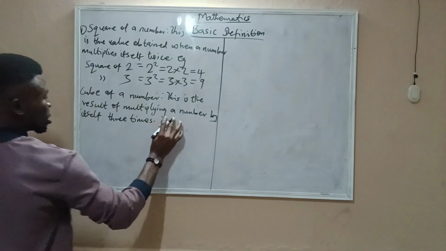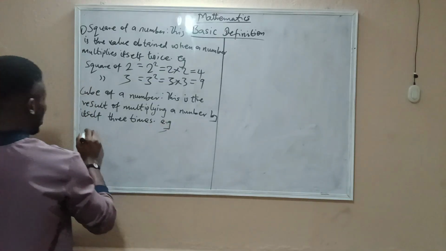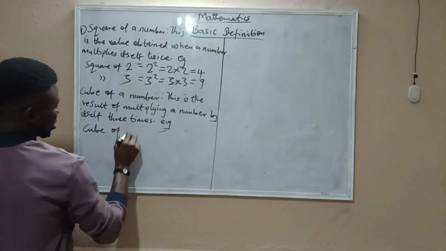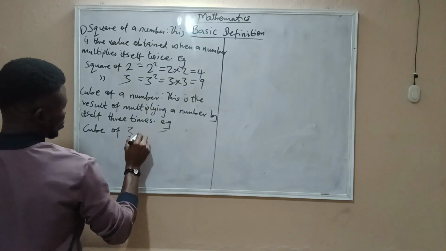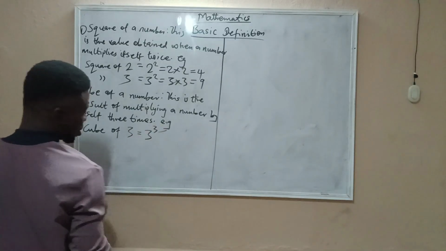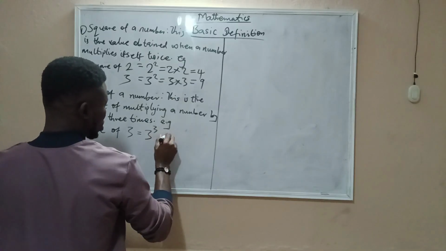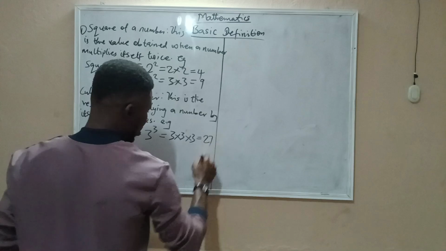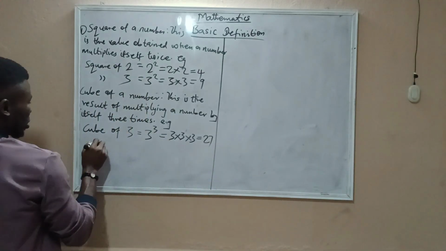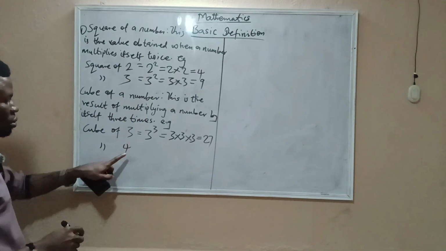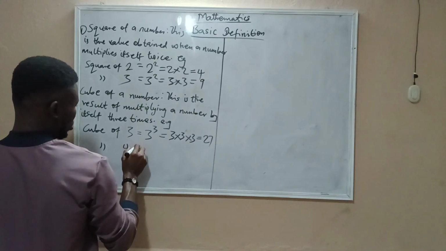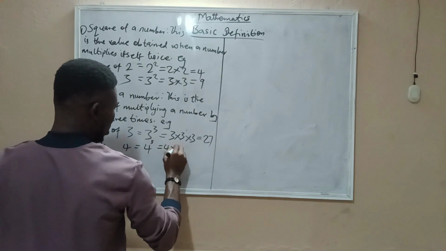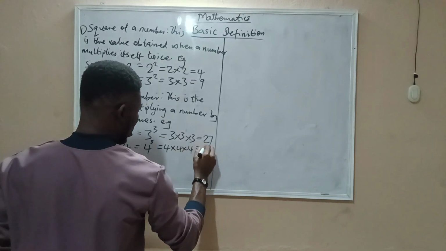Example, when you say cube of 3, which is also the same thing as 3 raised to the power 3, which is also the same thing as 3 times 3 times 3, and which is 27. Or you can say cube of 4, which is the same thing as 4 raised to the power 3, which is 4 times 4 times 4, and which is 64.